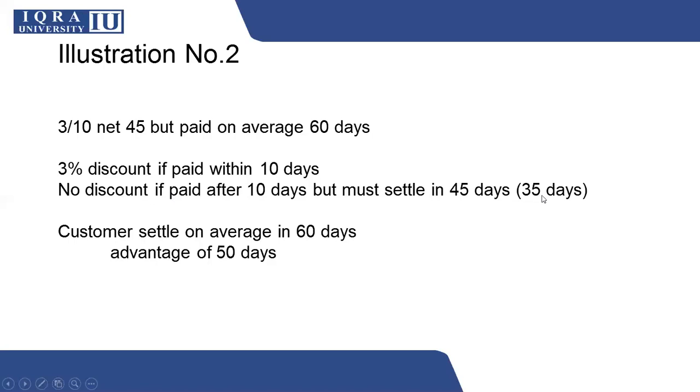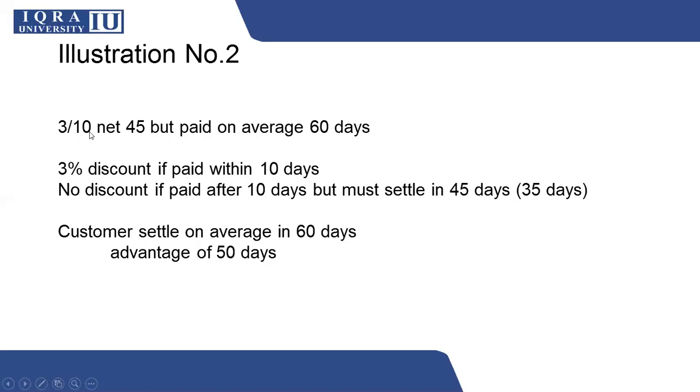But student, the interesting part in this illustration is that on average nobody is settling it in 45 days, they are settling it in 60 days. If they are settling it in 60 days, it means that they are additionally taking advantage of 50 days rather than 35 days. How did I reach this 50 days? Very easy. Up to 10 days you will avail the discount.